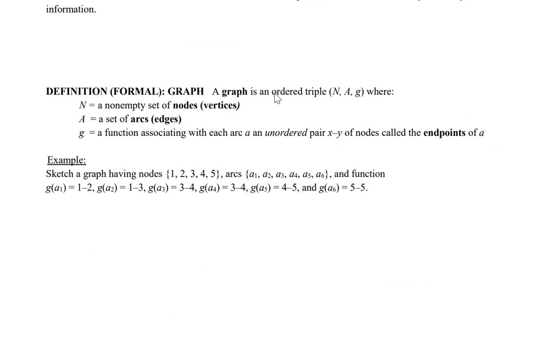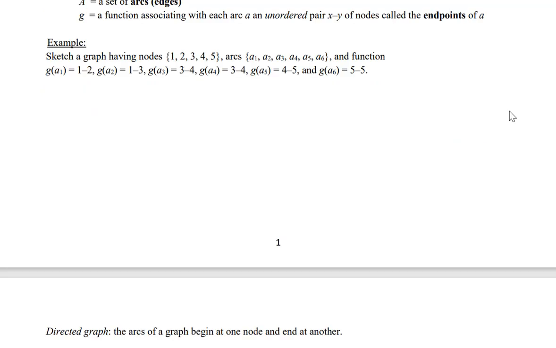So a graph is an ordered triple. You have N, the nodes, A, the arcs, and G, the function. N is a non-empty set of nodes, A is a set of arcs, and G is a function associating with each arc a an ordered pair xy of nodes called the endpoints. Here is an example.